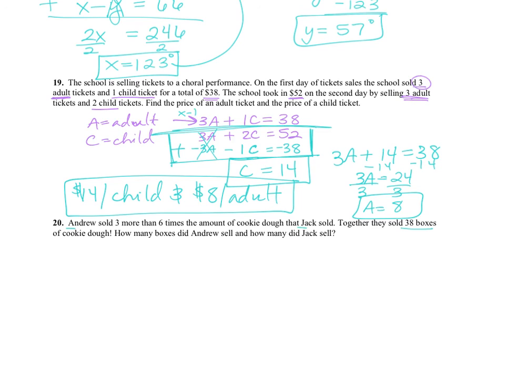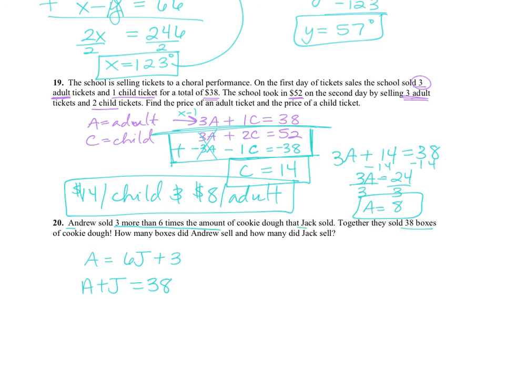And it says Andrew sold 3 more than 6 times. Okay. So Andrew is 3 more, that's plus 3, 6 times the amount of Jack. So 6j plus 3, or you could do 3 plus 6j is fine too. But then it also says that Andrew and Jack together sold 38 boxes. So Andrew plus Jack equals 38.